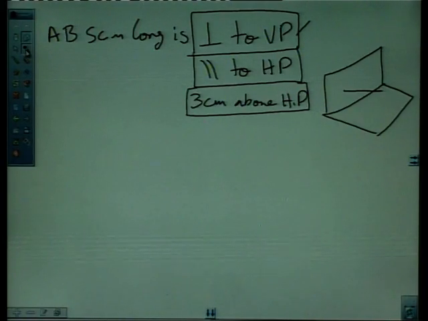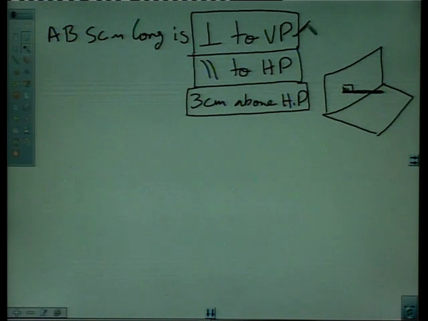So our line is something like this. Now it is making 90 degrees, this angle is 90 degrees here. So we have solved this problem, that line is perpendicular to the vertical plane, this is VP and this is HP.